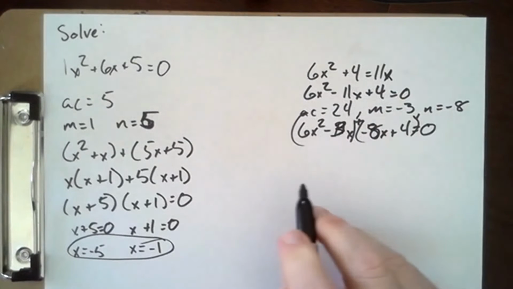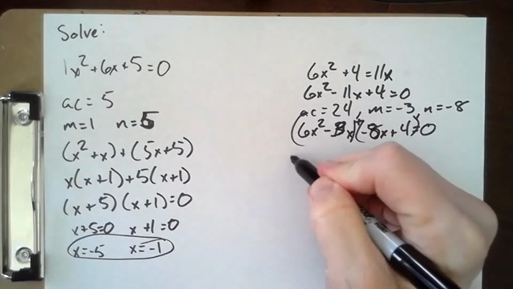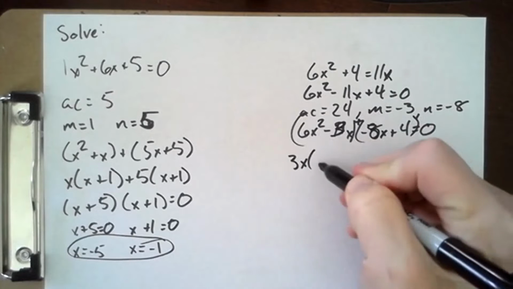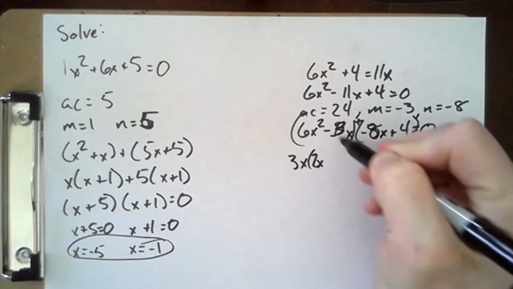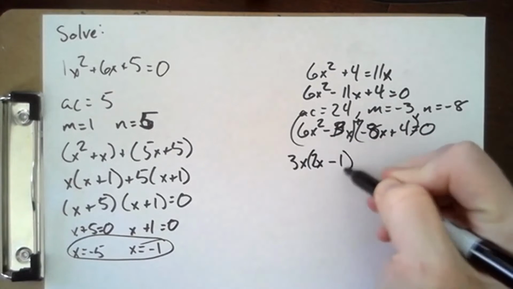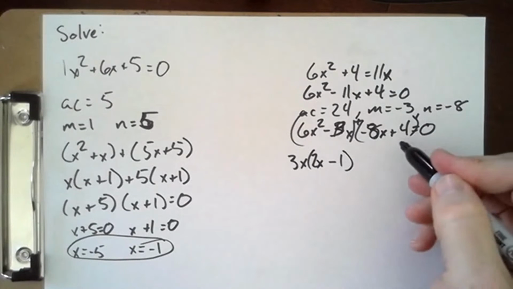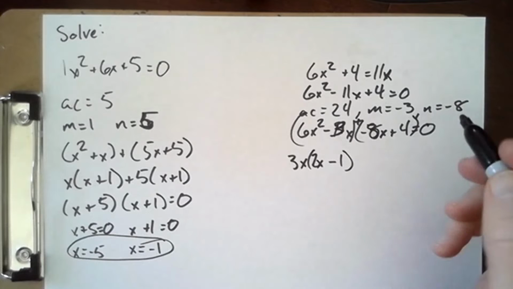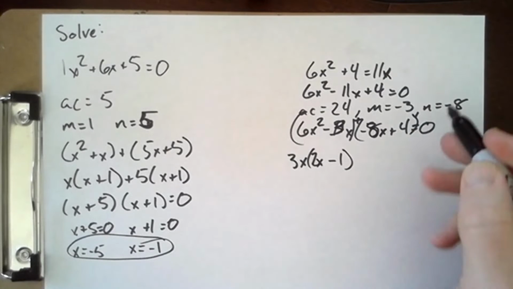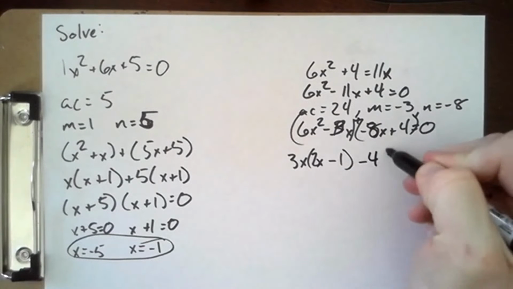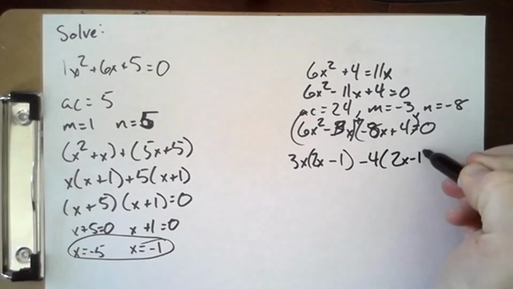I factor 6x squared minus 3x, and I get 3x times 2x minus 1. I factor negative 4 out of negative 8x plus 4, and I'm left with 2x minus 1.